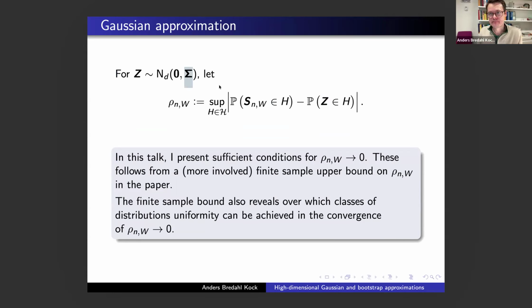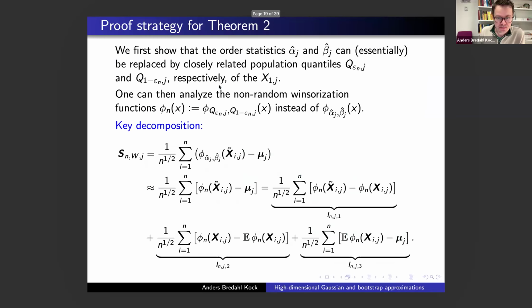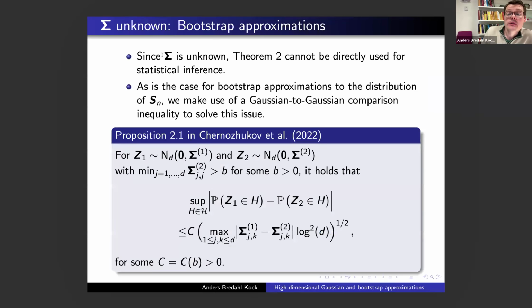It's not really us who invented this. So sigma is unknown. So Theorem 2, the theorem I just showed you, and the Gaussian approximation cannot be directly used for statistical inference. So, as is the case for bootstrap approximations to the distribution of the plain sums Sn, one can make use of Gaussian-to-Gaussian comparison inequalities to solve this issue.